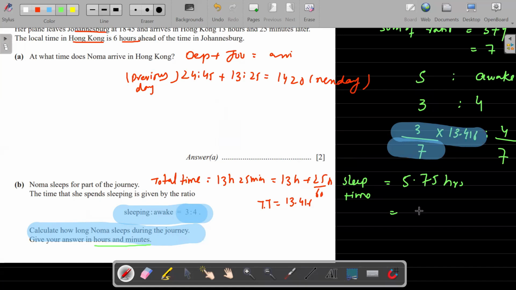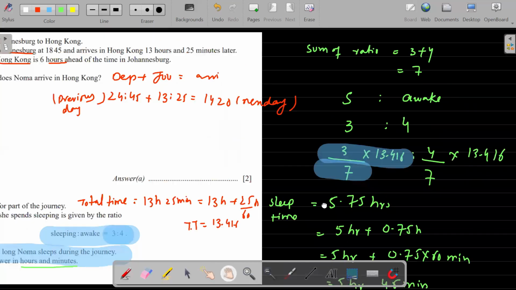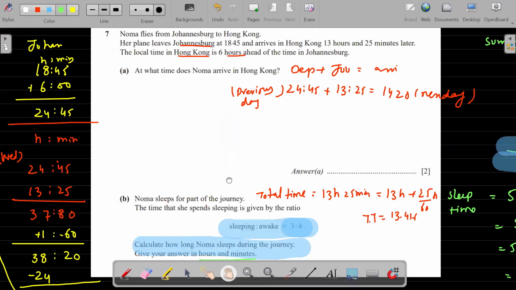We split it up: the whole number and the decimal part separately. 5 hours plus 0.75 hours, and to convert hours into minutes we simply multiply by 60. 0.75 times 60 is 45. So she spent 5 hours and 45 minutes sleeping.